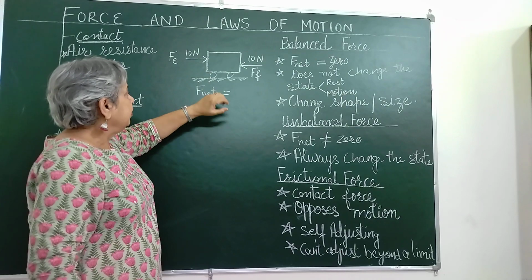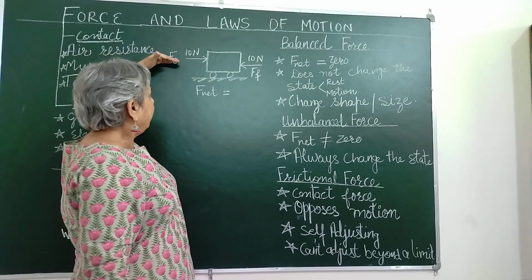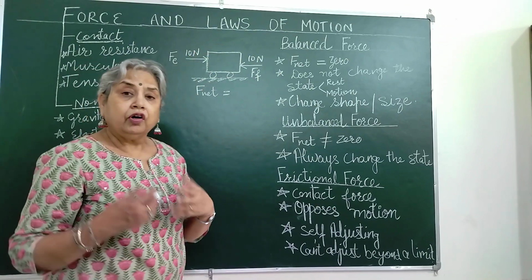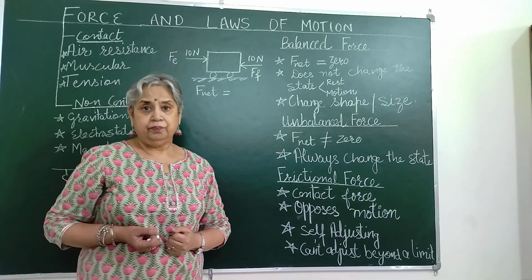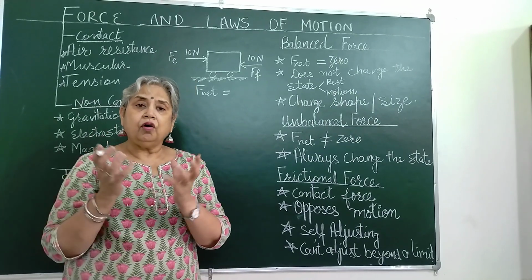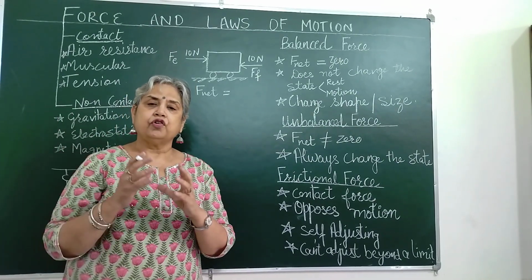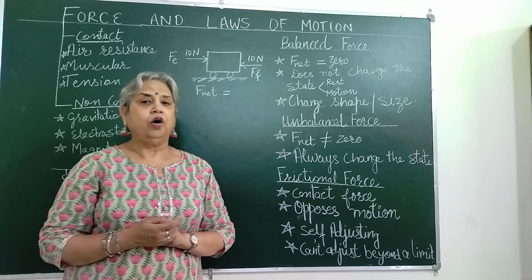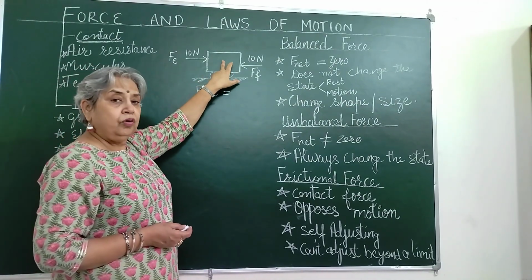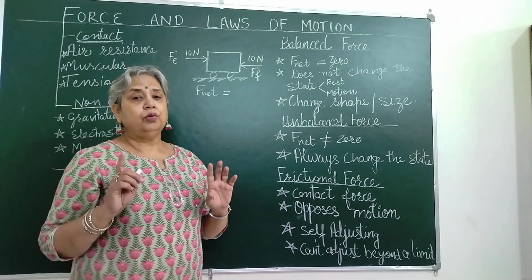Now what happens? One force is acting from left to right, the other is acting from right to left. Then what is the net resultant force? Resultant force is the overall result of various forces which are acting on an object. Now, if it is 0, then there will be no motion.